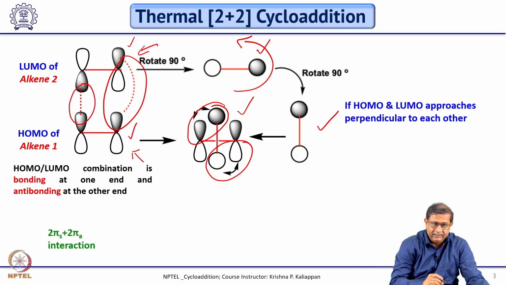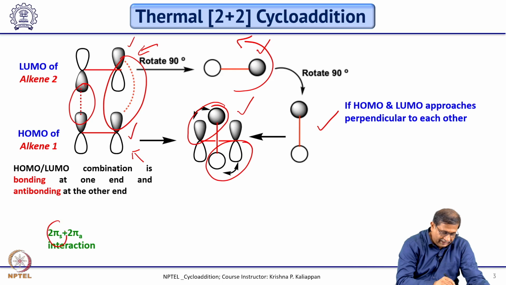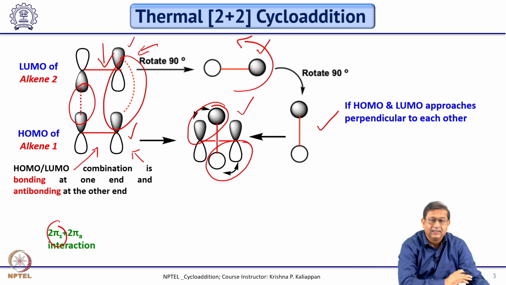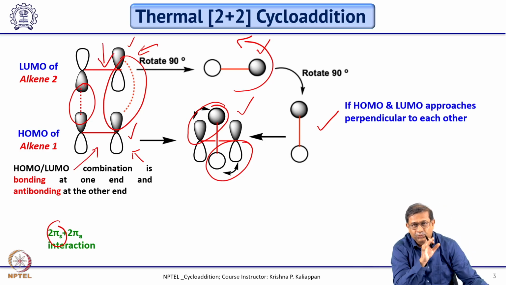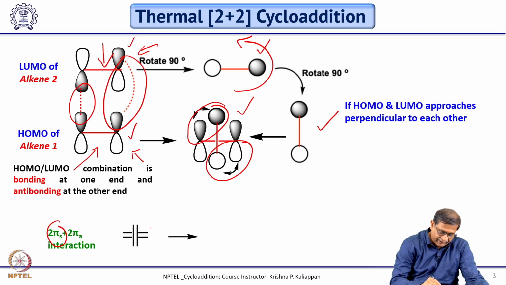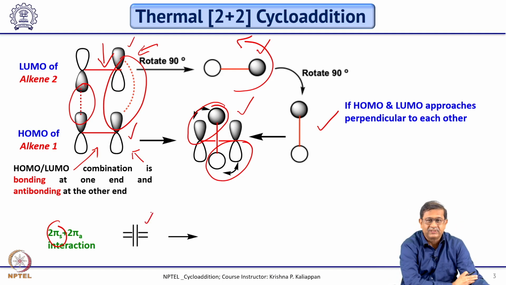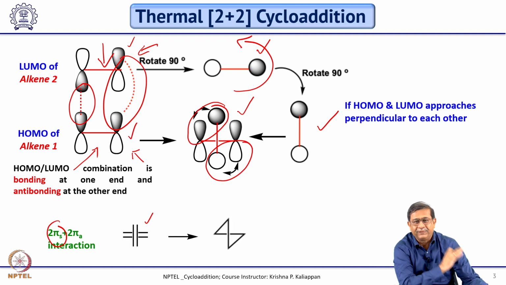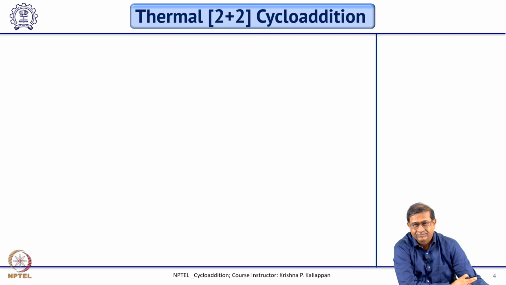So this one is 2 pi s, that is supra, the other one is antara. This 2 pi s and 2 pi a interaction is possible provided one alkene approaches the other alkene perpendicularly to form this cyclobutane.